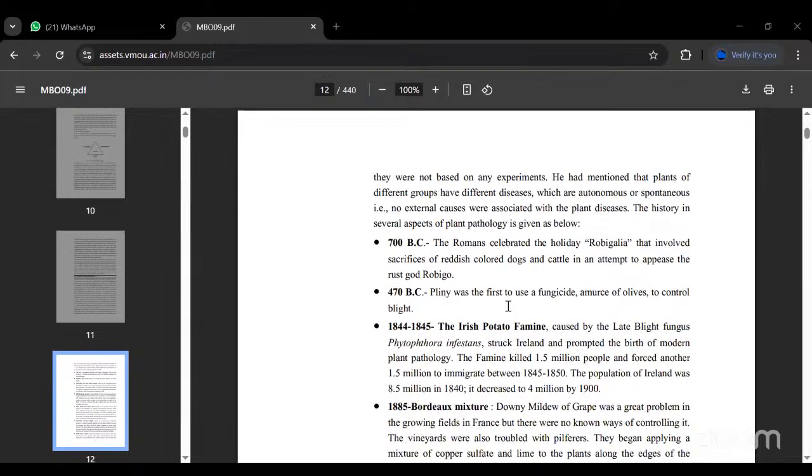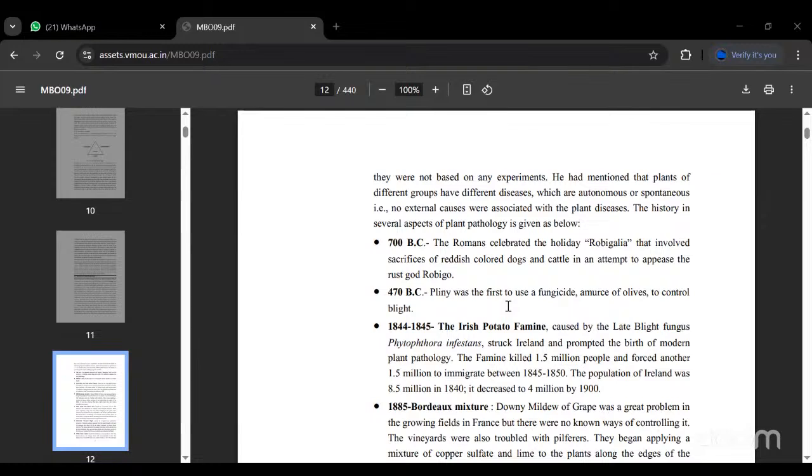In 700 BC, the Romans celebrated the holiday Robigalia, which involved sacrifices of reddish-colored dogs and cattle in an attempt to appease the rust god Robigo.